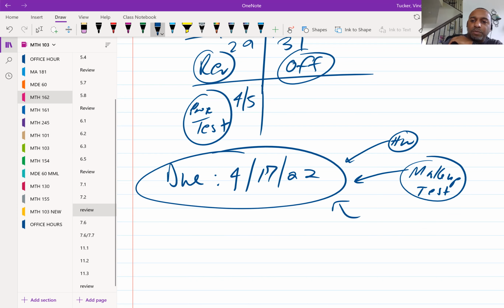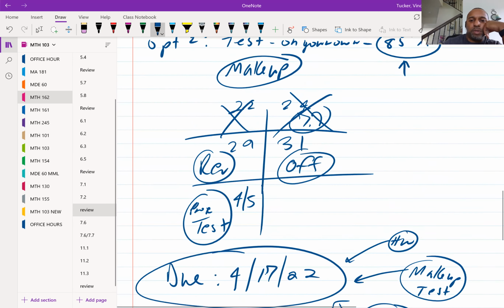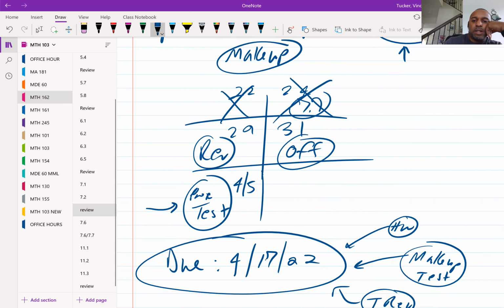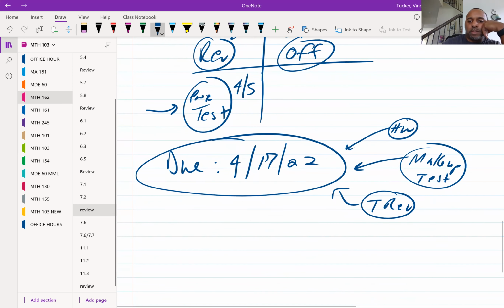Oh yeah, the test review will be in there as well. The actual proctored test, of course, will be this day. But if you just need extra time to pull up your homework grades, or you want to do the test review to the 85% to get bonus points, or you need to take advantage of the makeup test, you will have until the 17th.